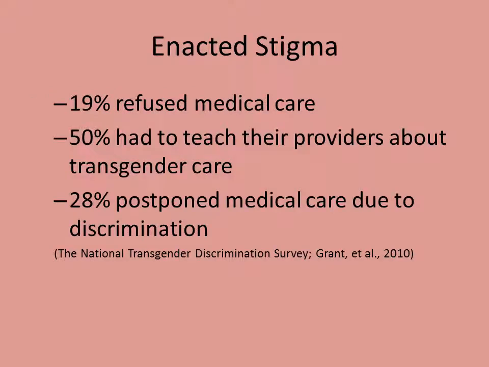Transgender and gender nonconforming people frequently experience discrimination when accessing health care, from disrespect and harassment to violence and denial of services. In the National Transgender Discrimination Survey in 2010, respondents showed 19% were refused medical care, 50% had to teach their providers about transgender care, and 28% postponed medical care due to discrimination.